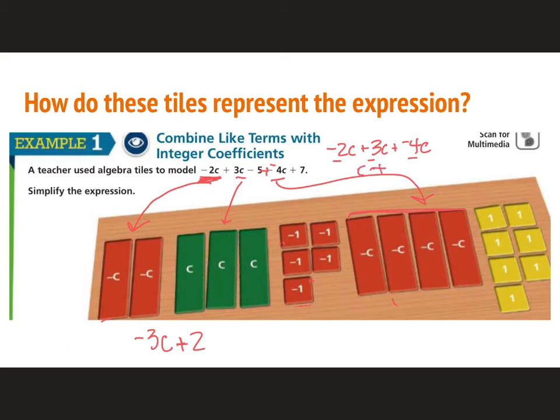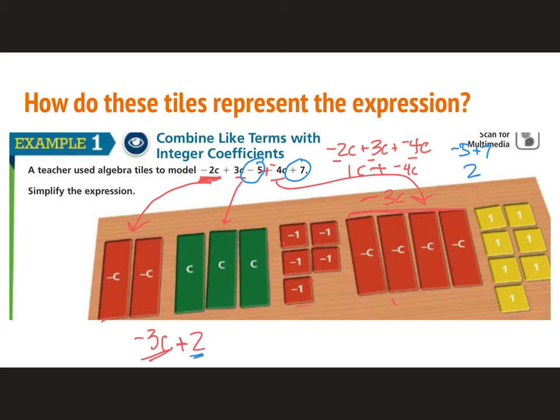Plus negative 4, so 1 plus negative 4 is just negative 3c. That's what we had right here, negative 3. And then if I take the terms that are constants, negative 5 plus 7 is 2. And there's the 2.